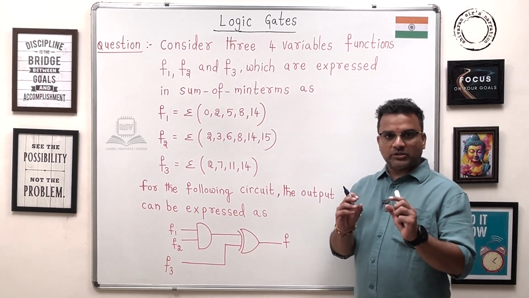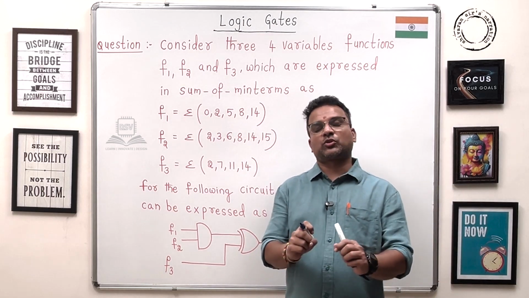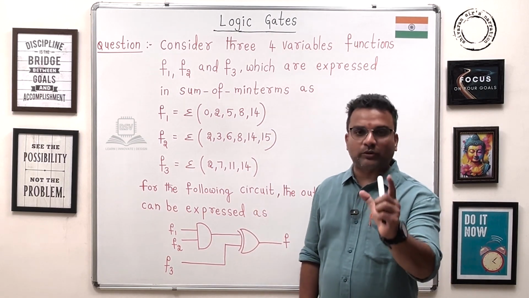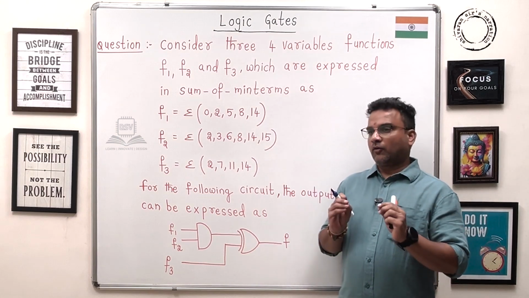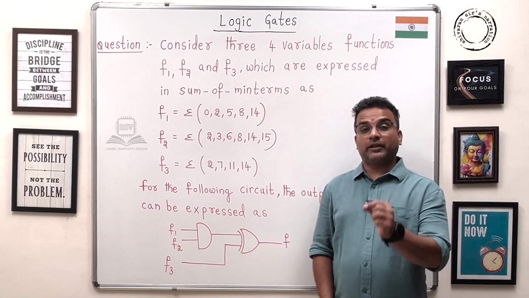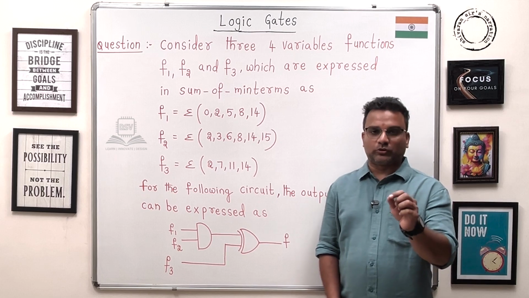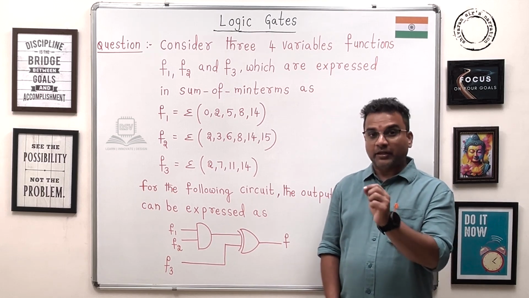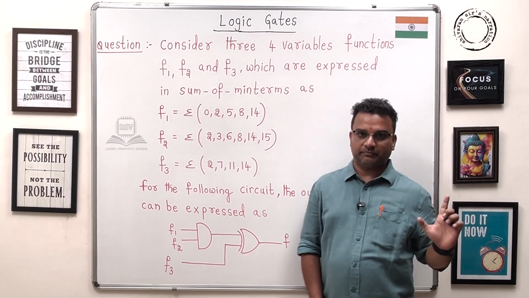Once you understand the Boolean algebra Venn diagrams concept, it is so easy to handle this question without any struggle. For better understanding, we are giving you the link in the description regarding the Boolean algebra Venn diagrams concepts. Once you go through it, you can handle any question similar to this very easily.